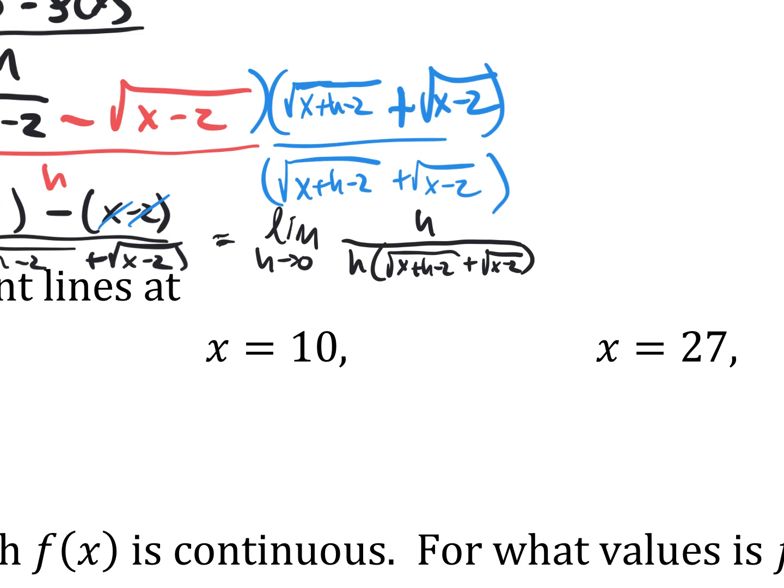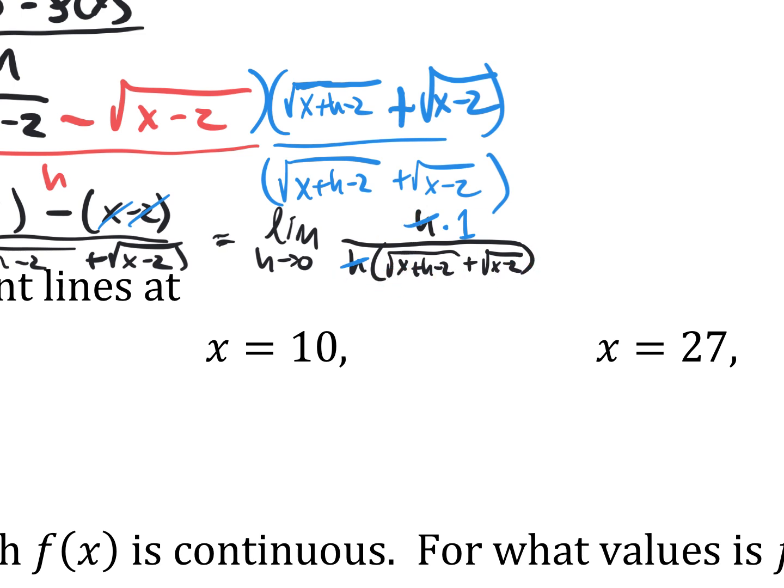Well, the h's here are going to cancel, right? Leaving a 1 behind because it's h times 1. And so now we have the limit of 1 over this. Okay, well that's something we can figure out now. The h's are gone. We have 1 over this big old parentheses.